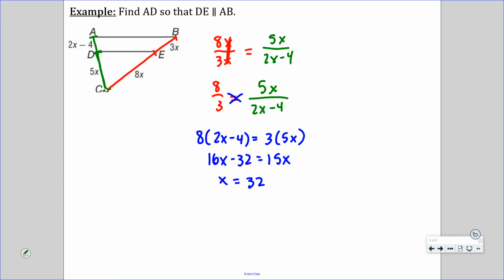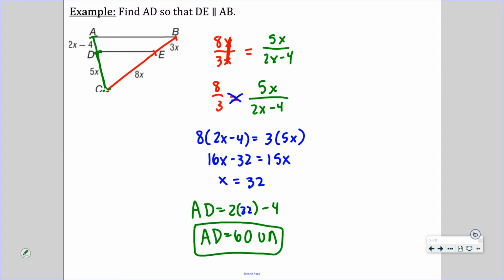And, okay, we have to find AD, not just x. No problem. AD is 2 times x minus 4. So 2 times 32 is 64 minus 4. AD is 60 units. As long as AD is 60 units, those would be proportional, meaning DE and AB would be parallel.